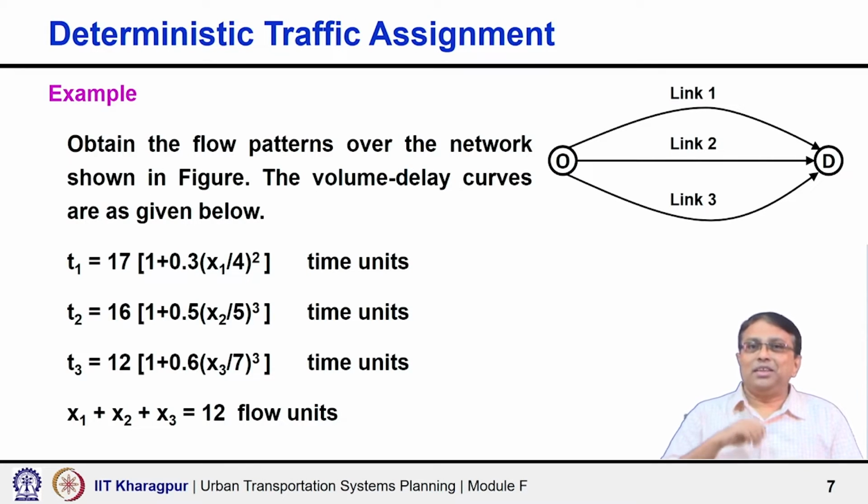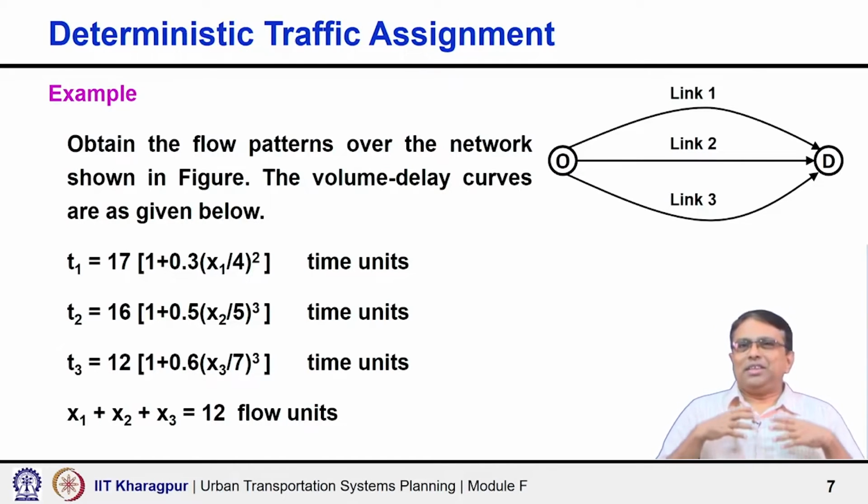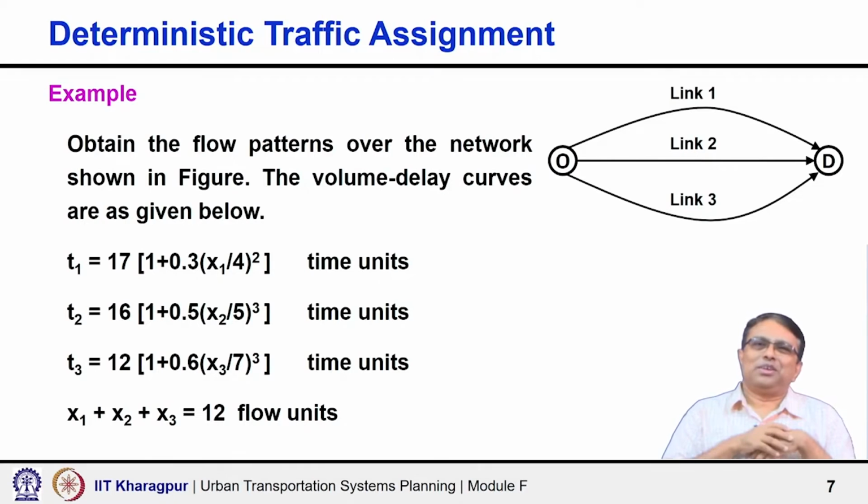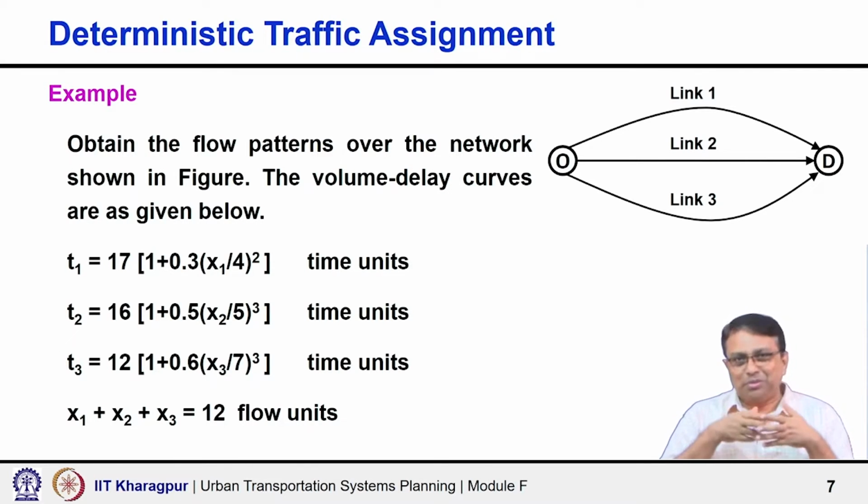But you have to understand that the real network does not work with only one origin and one destination and just 3 alternative links. These are simplistic representations. So some additional challenges and considerations you have to keep in mind when you apply it to a realistic network.